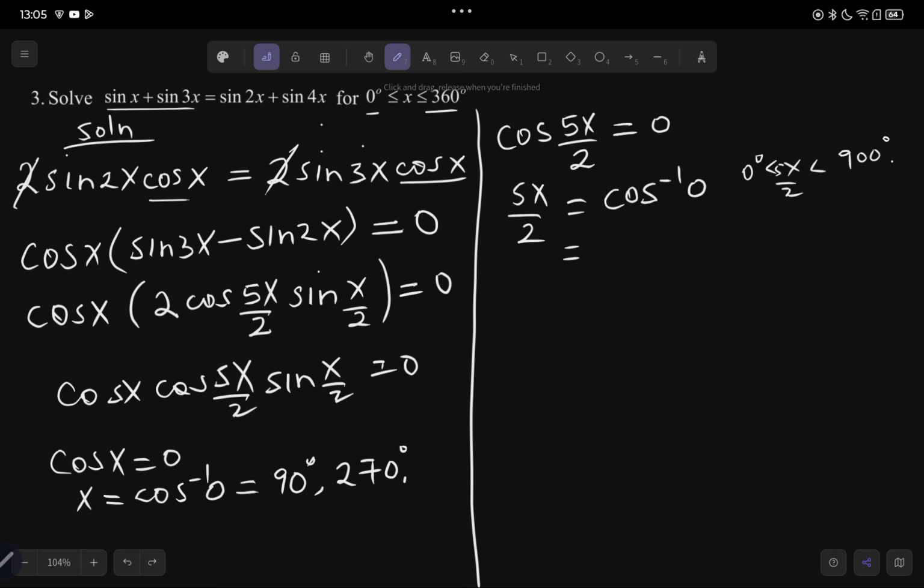It means we shall go as many cycles as possible until we reach the limit. Now, cos inverse of 0 is 90. That is the first arm. Then 270. Going for the next cycle, we keep adding 360 on each of them. So 90 plus 360, you get 450.